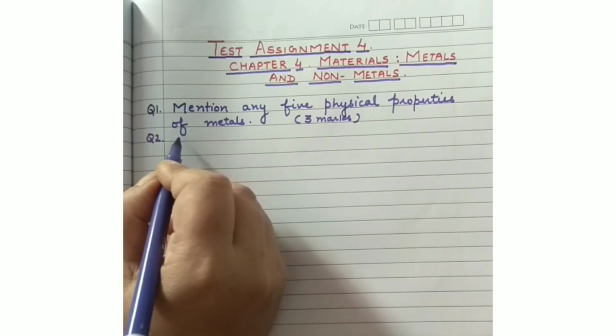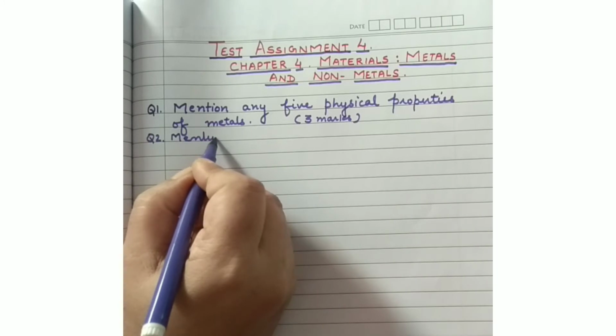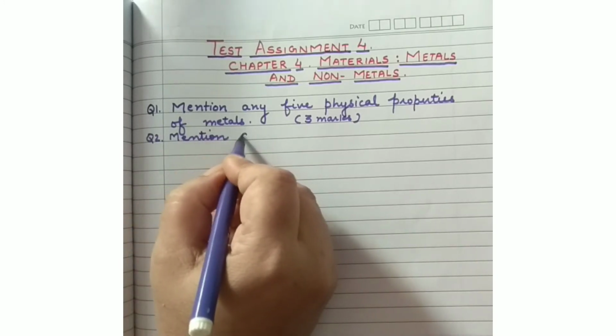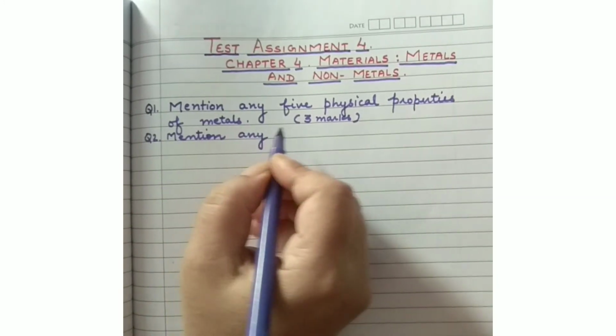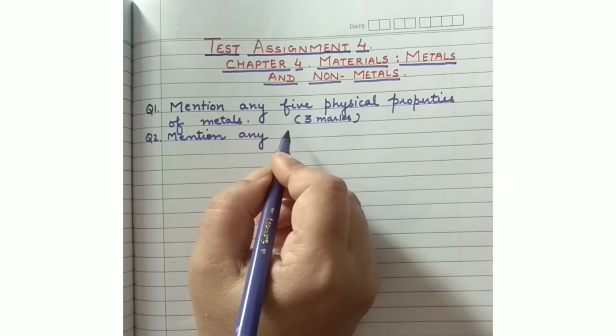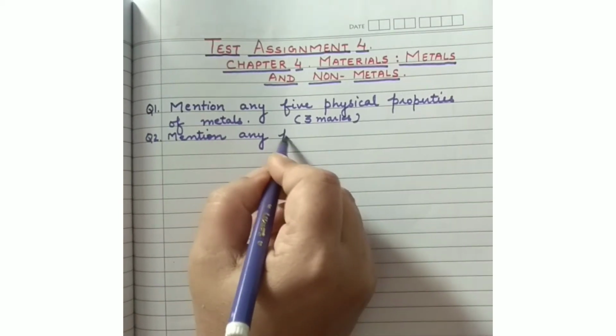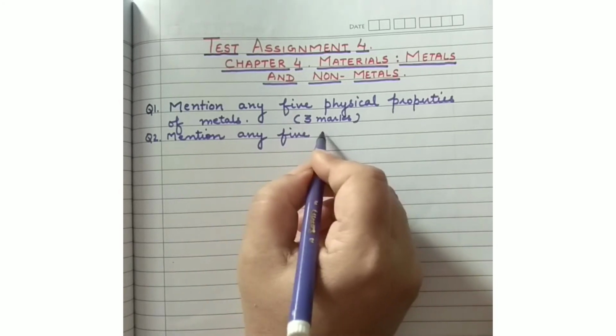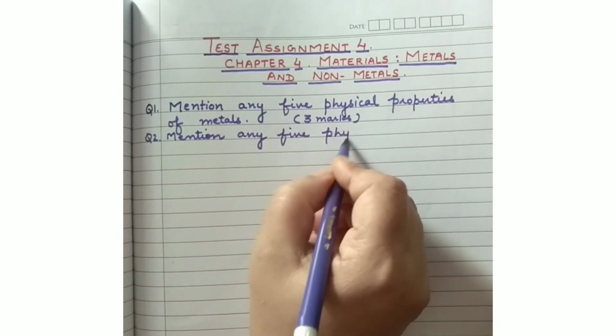Now second question of this chapter is again: mention any 5 physical properties.